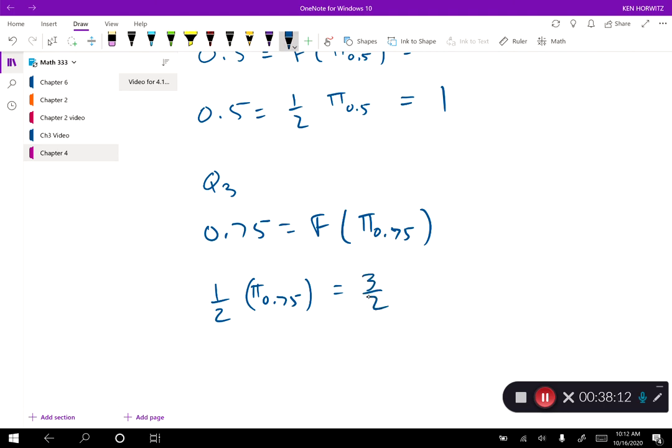Multiply both sides times 2 to get our variable by itself. Sorry, that should have been 3/4, not 3/2. I gave away the answer because when I multiply both sides times 2, now I get my 3/2.